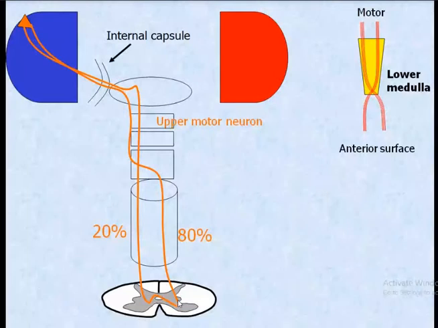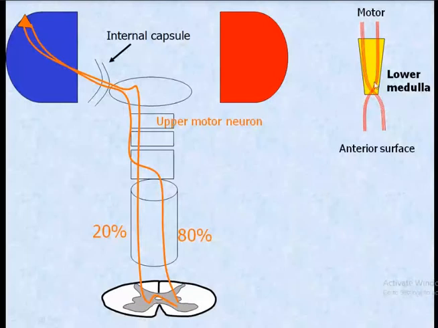The sensory fibers decussate at the upper end of the medulla, forming the sensory decussation. Likewise, the descending fibers decussate at the lower end of the medulla, forming the motor decussation.